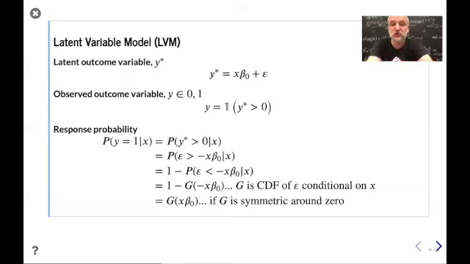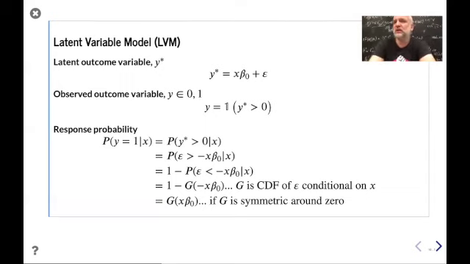Now, if you observed y star, you could just do a linear regression, regress y star on X, and you would be able to estimate beta naught by simple linear regression. But we don't observe y star. So what is the interpretation here of y star?